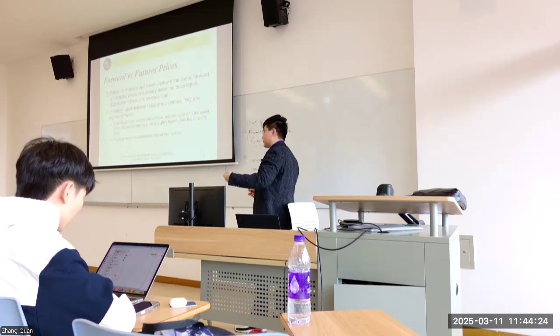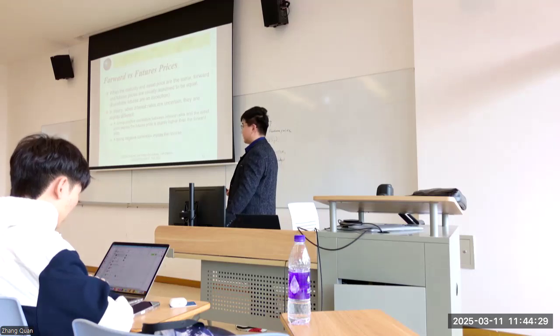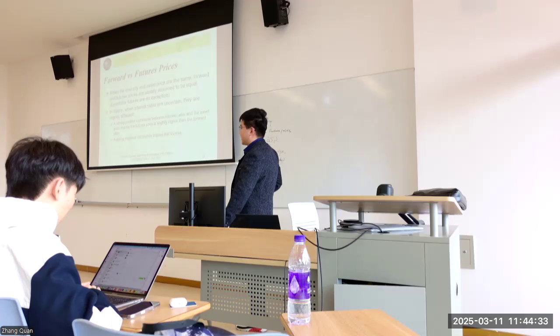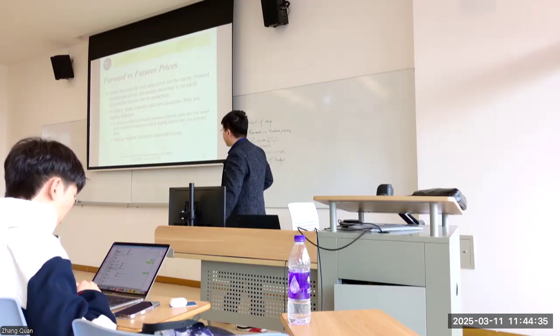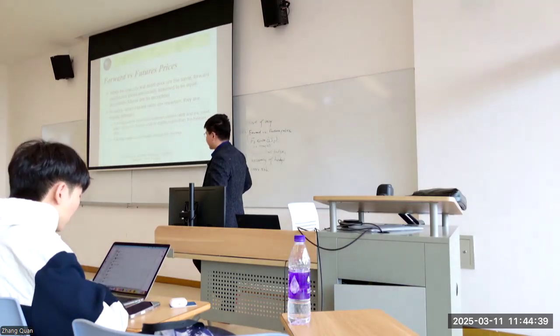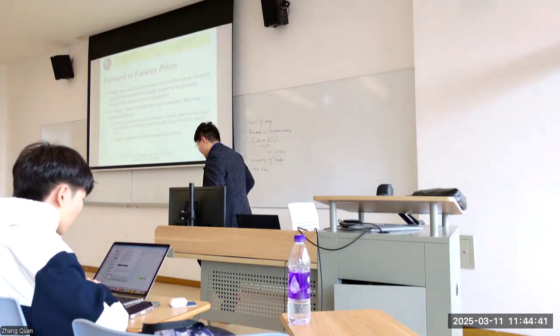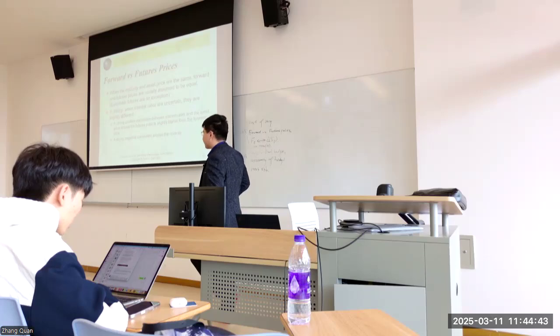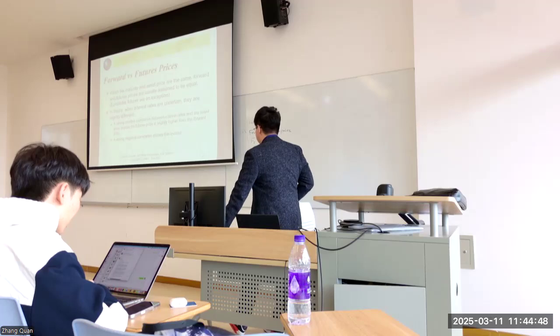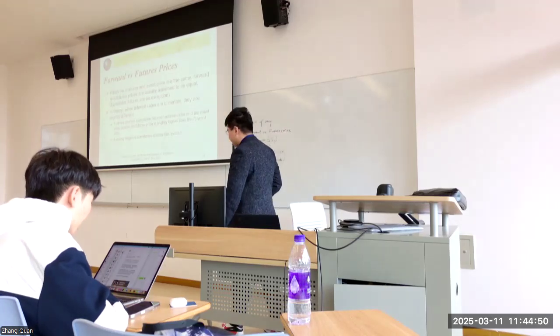The futures contract has the daily settlement process and the margin account. Those are very distinctive. But in the end, they are all about having the transaction at a future time point. So in normal cases, futures price and forward price are all the same. But in some cases, the situation can change a little.